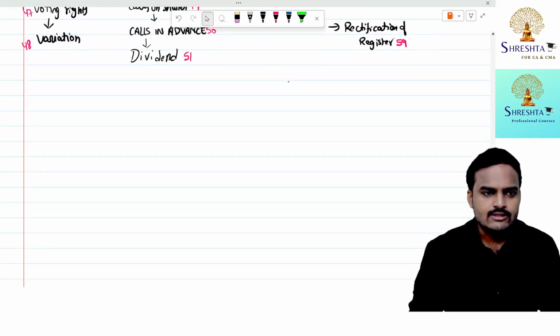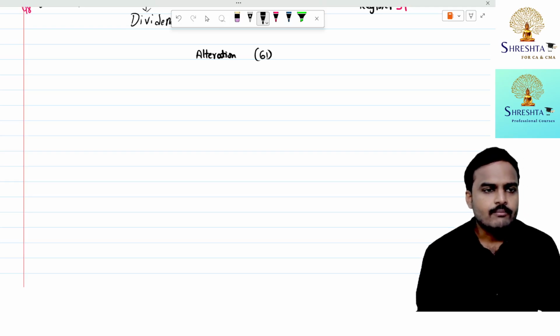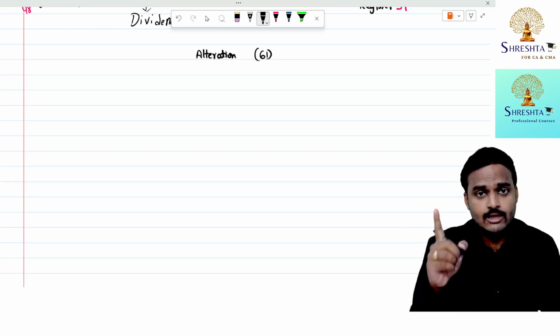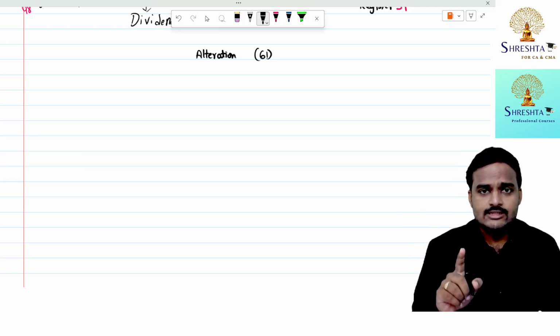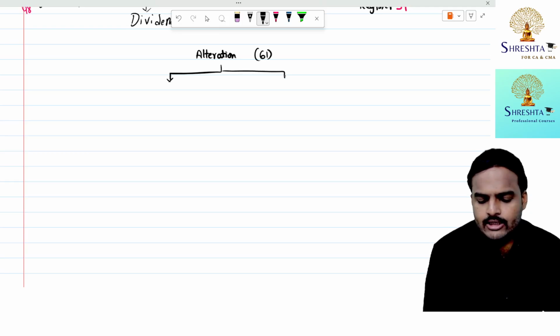Place is not sufficient, that's why coming down. Alteration of share capital, section 61. Publication of share capital 60, alteration of share capital 61. Once you make alteration, definitely company can issue shares.